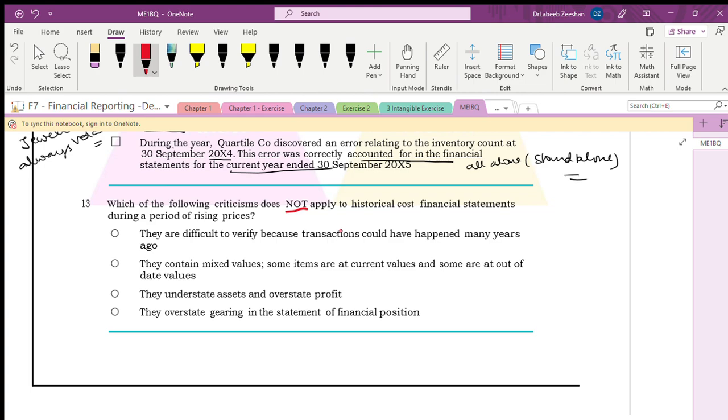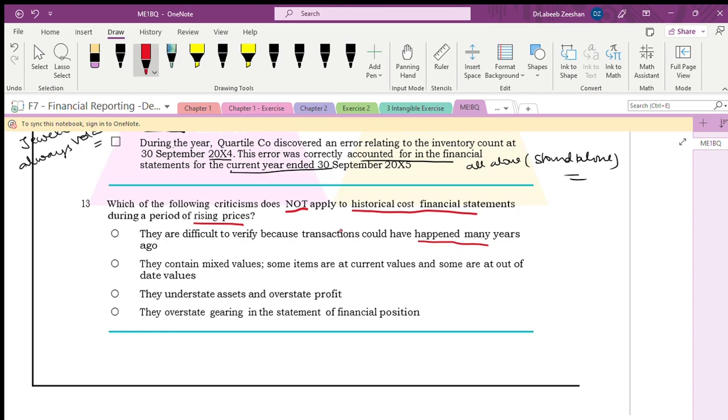Which of the following criticism does not apply to historical cost financial statement during the period of rising prices? Is it right? Which does not apply? They are difficult to verify because transactions could have happened many years ago. It is a criticism.